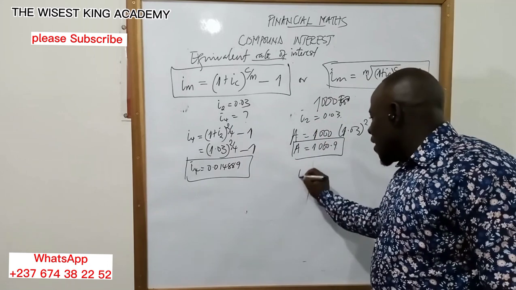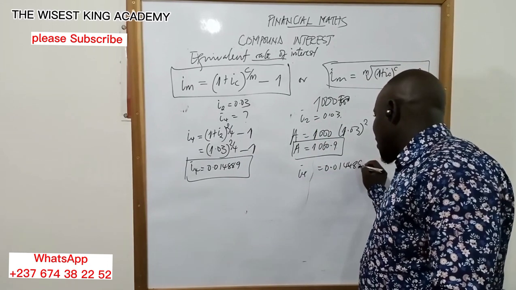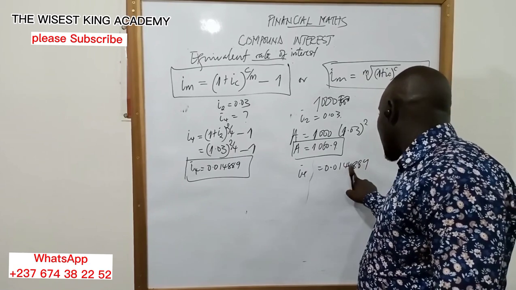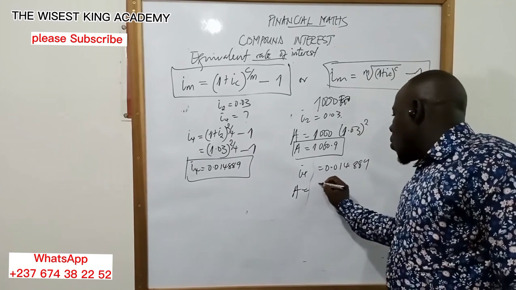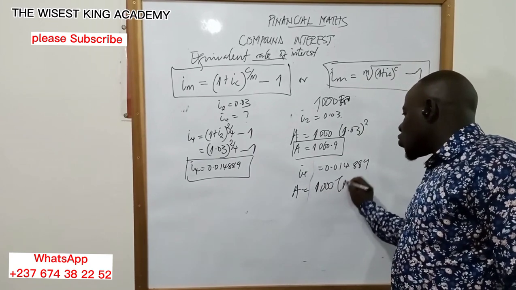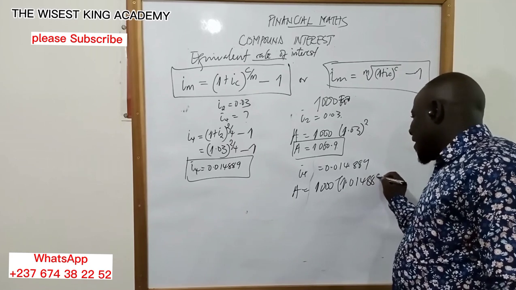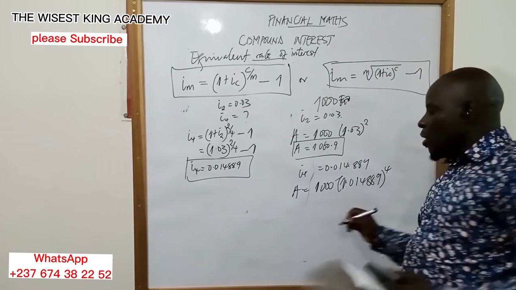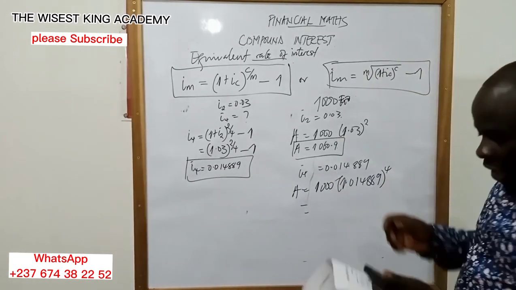Let's take the other one. If we use i_4, which is 0.014889, the acquired value will be equal to 1,000 times 1.014889 raised to the power 4, because there are 4 quarters in 1 year.